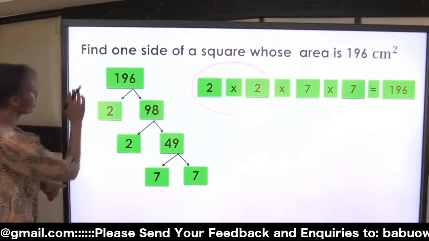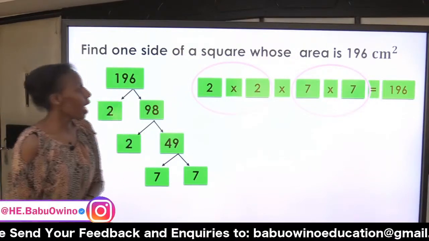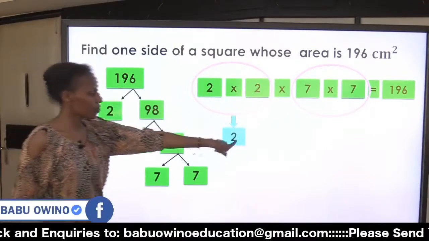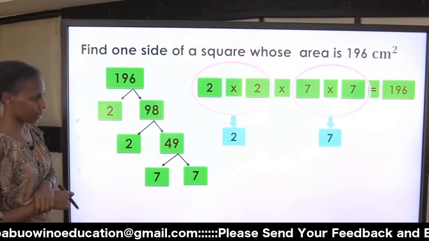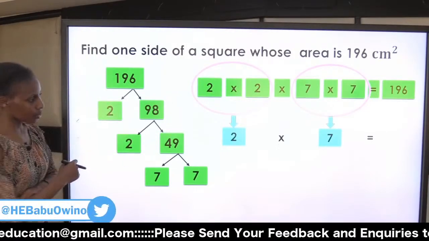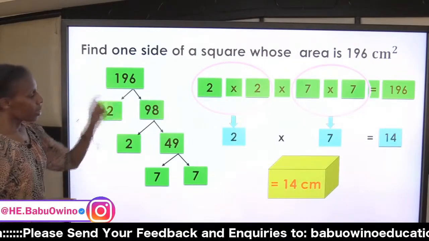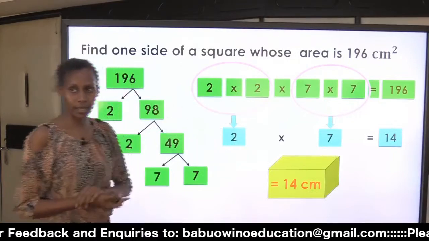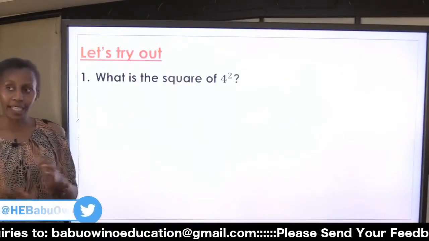Then I pair my two types of prime numbers, and in every pair I pick 1. So here I'm going to pick 2, and in the next one I will pick 7. I multiply the 2 and the 7 and I will get 14, and therefore we can say one side of that square will be 14 centimeters.